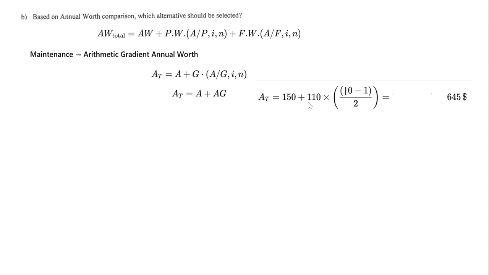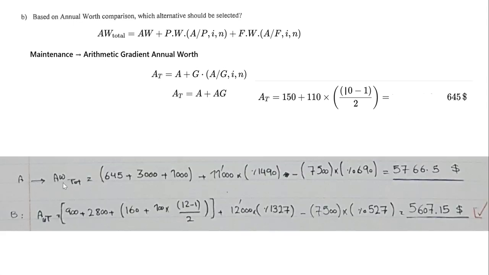After that, we increase by 110. How do we impose the time? The life is 10 years, so 10 minus 1 divided by 2. This is how we calculate. So 150 plus 110 times (10 minus 1) divided by 2. The total value would be 645.